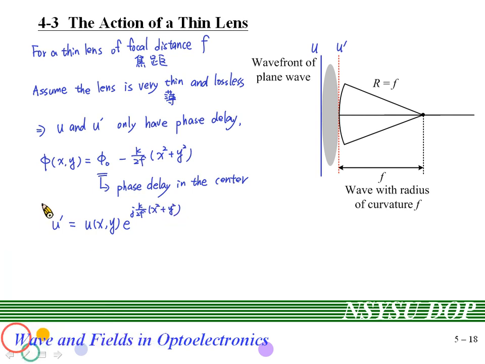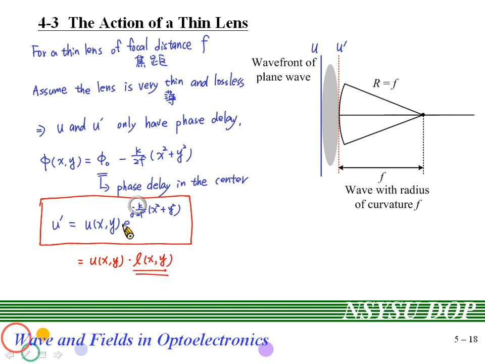And this is the function, the action of a thin lens. So we can write it as u of x y times L of x y, where L here is this exponential term, which is the phase delay contributed by the thin lens.